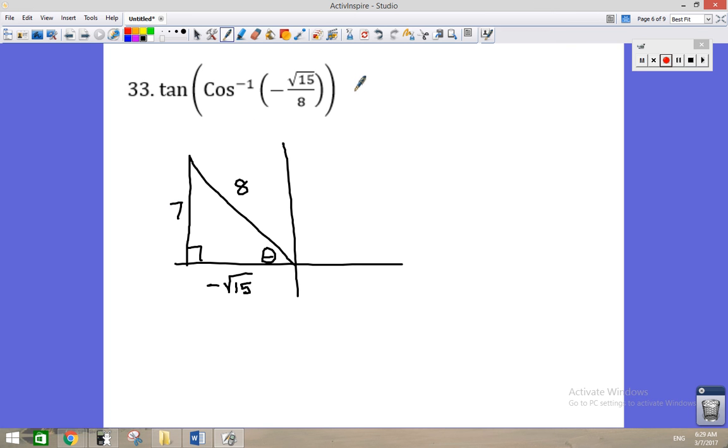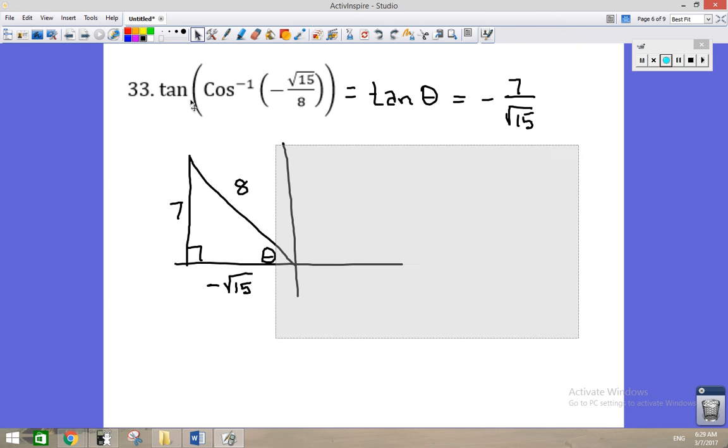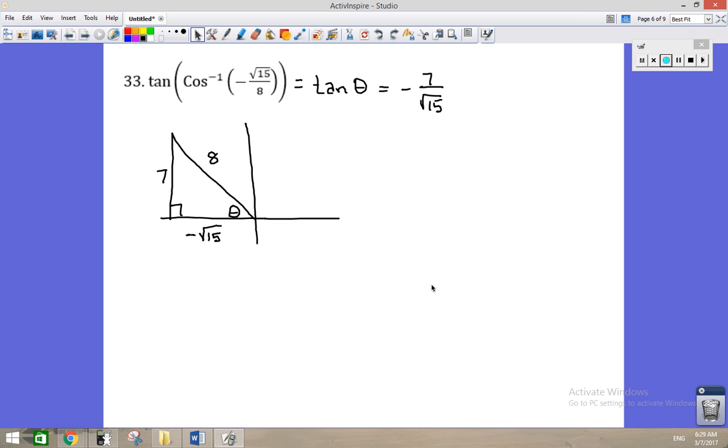Alright, so we've called this angle theta, and the tangent of theta is the opposite leg over the adjacent. Let's rationalize that. So there's our final answer for that.